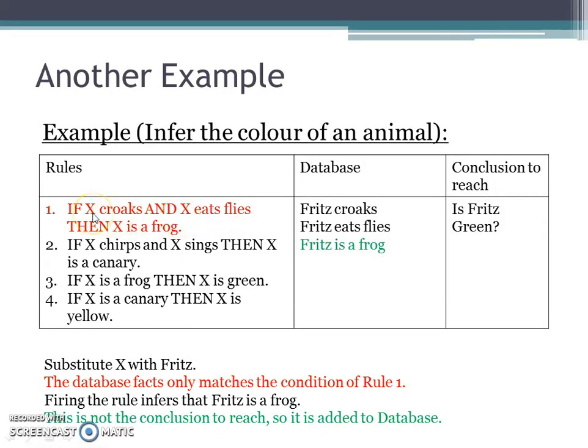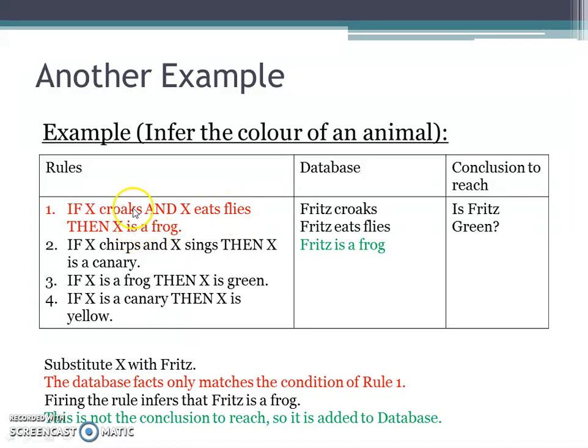So if you look at this, substituting X with Freeze, this will read as: if Freeze croaks and if Freeze eats flies. Now verifying this from the database, we find that Freeze croaks and Freeze eats flies. So this condition is true. That means this rule is actually triggered, and we will see later whether this rule will be fired.